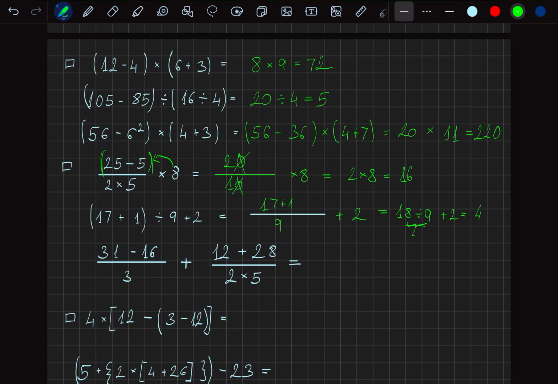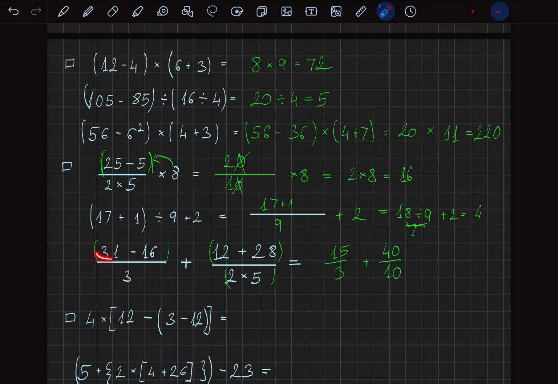And next one, also we can just calculate here, here, here, here. So first the denominator, and after that the numerator. It's 15 over 3 plus 40 over 10.